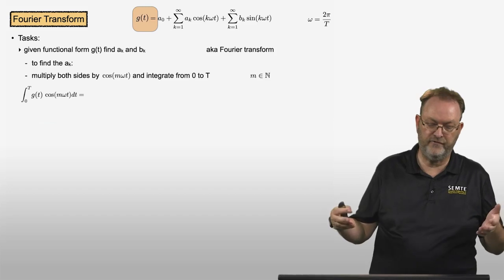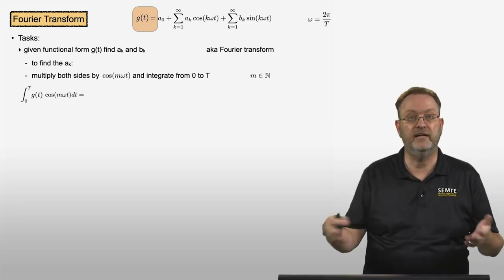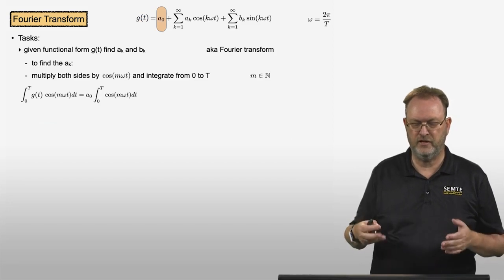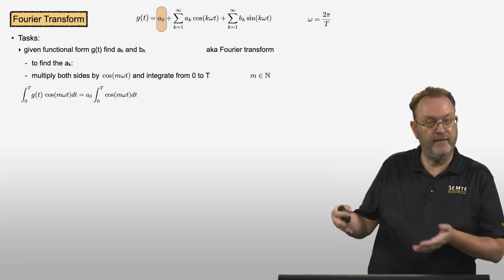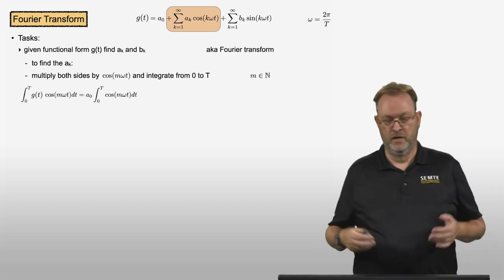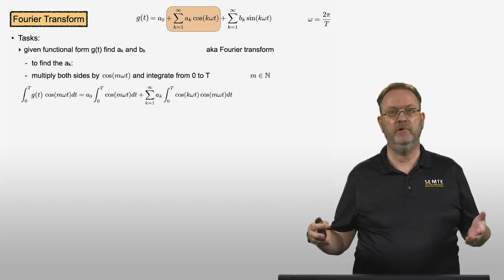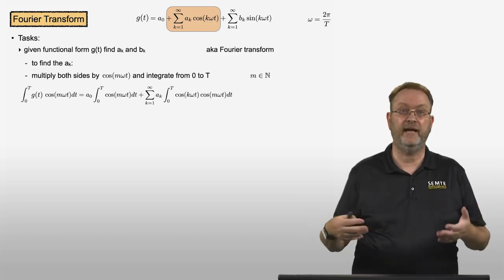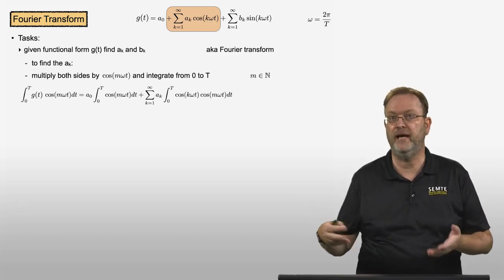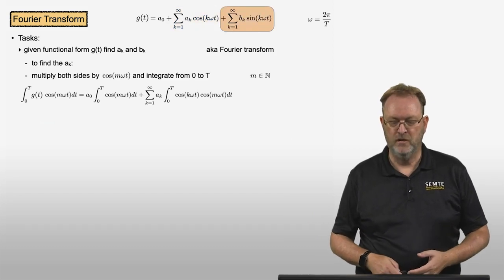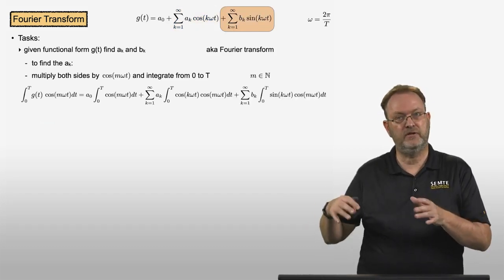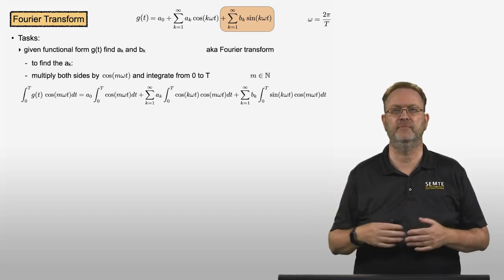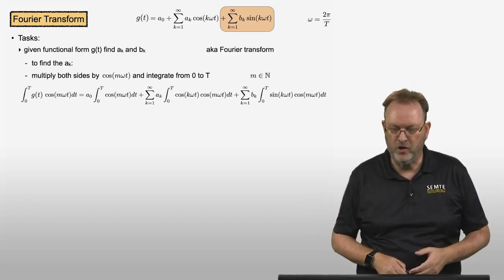The integral of g of t times cosine m omega t dt is equal to the integral of a naught times cosine m omega t dt, plus the sum, where I pull out the a_k, times the integral from 0 to T of cosine k omega t times cosine m omega t dt, plus the sum term where I pull out the b_k times the integral from 0 to T of sine k omega t times cosine m omega t dt.